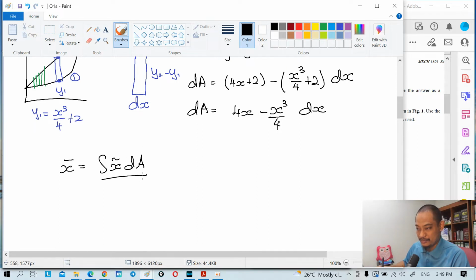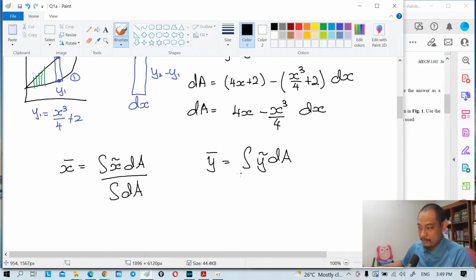I already forgot it because the semester has ended for some time, so it's not that fresh. Normally in your exam you should be fresh because you just covered and revised. I'm doing this without any preparation, so do expect it to take some time for me to recall. Anyway, that's the equation, and likewise y bar equals the integration of y tilde dA over the integration of dA.